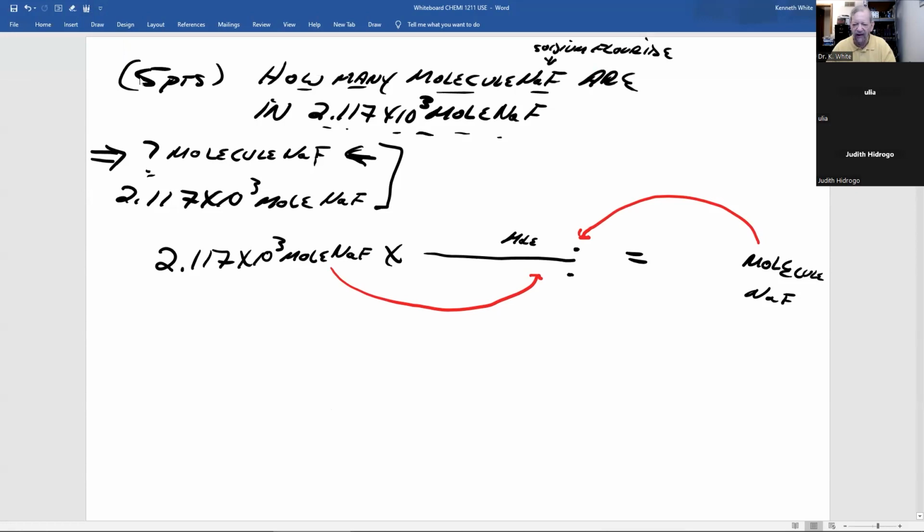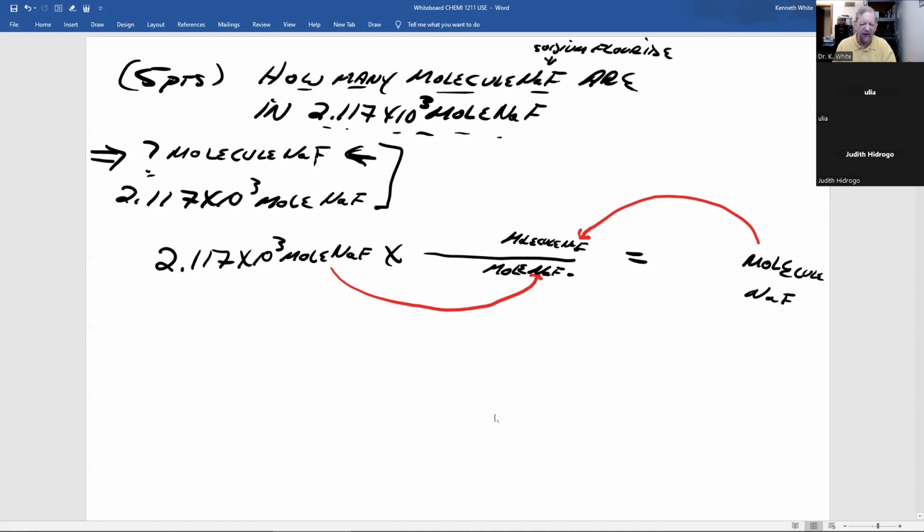And now I'll write those in. Now I have to find, where do I find a relationship between moles of a compound and molecules of a compound.